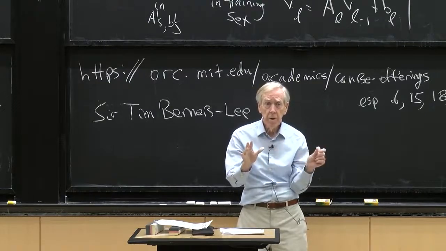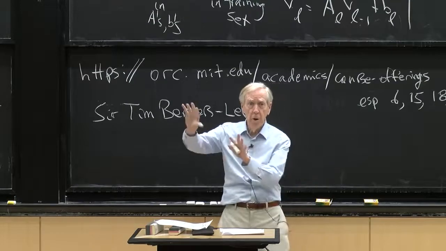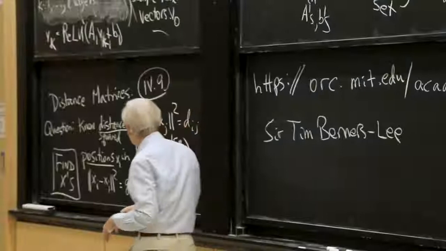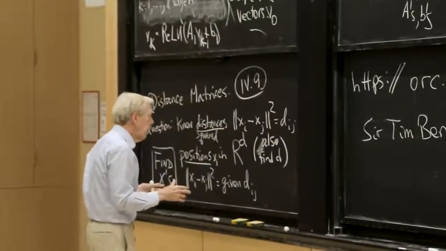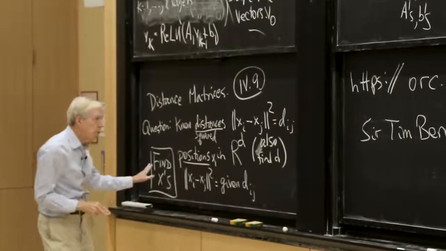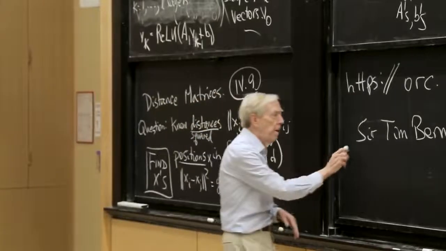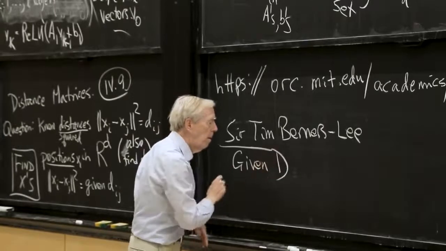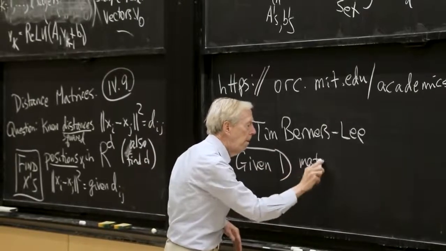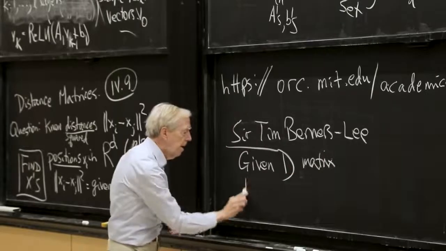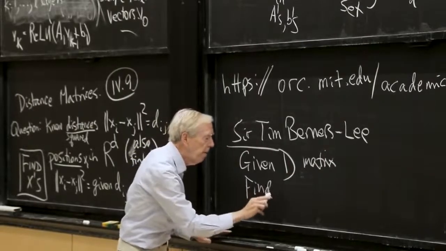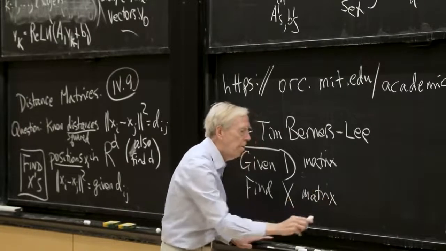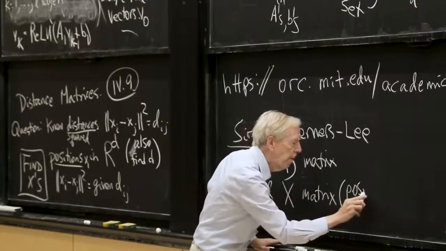Clearly, any rigid motion of all the positions, if I have a set of positions, what am I going to call that? X. So I'll write here, I'm given the D matrix. That's distances, and the job is to find the X matrix, which gives the positions.